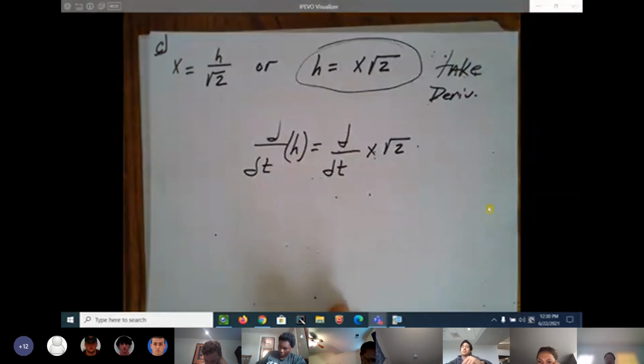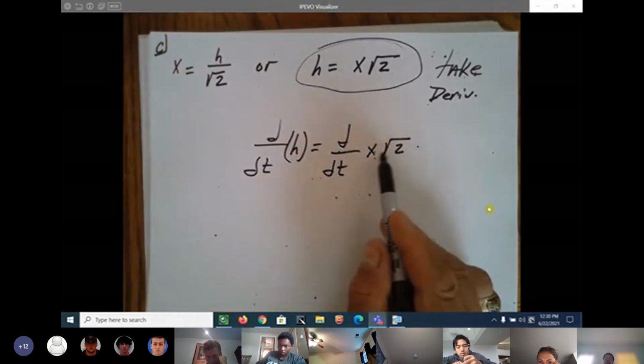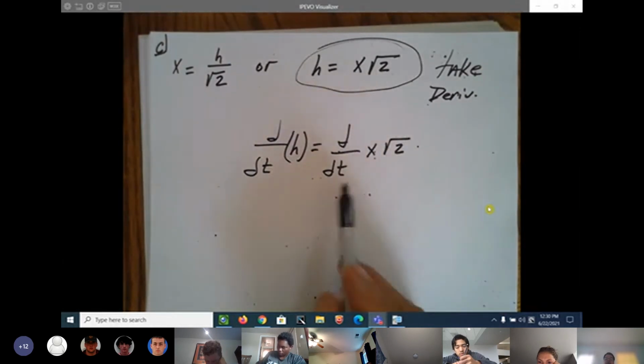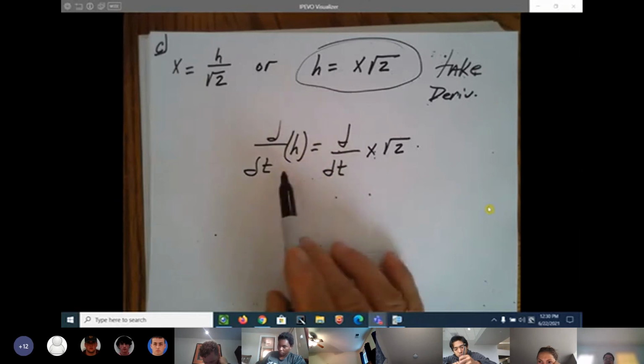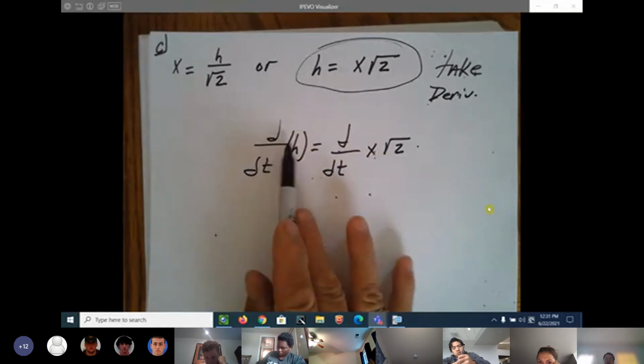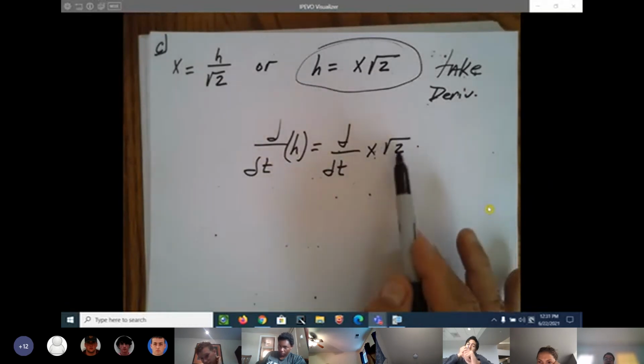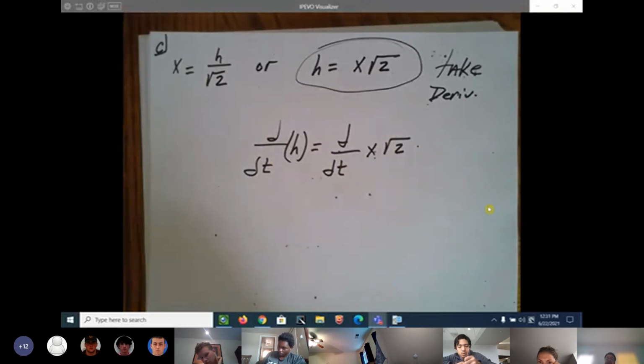All right, I want y'all to do that. Take the derivative of h, take the derivative of this, that's a number times x, and then remember you have to have something in place of it because it's implicit differentiation. So this is going to be dh over dt, and this is going to be dx over dt, so don't forget that. Go ahead.